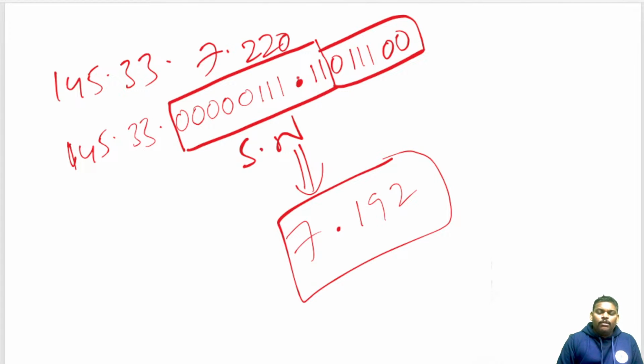Am I right or not? Totally 10 bits, 8 plus 2. So 7.192.